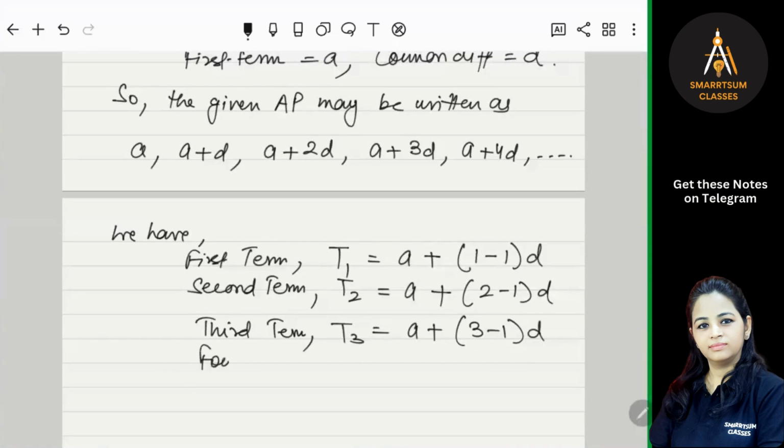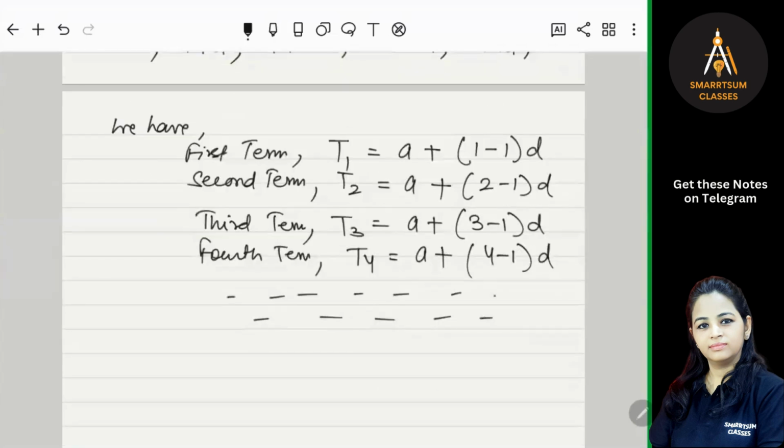Similarly, the fourth term, T4, is A plus 3D, so we can write it as A plus 4 minus 1 into D. And similarly, we can do this for the other terms. That means, what will be the rule for the nth term, Tn? Look here: if we are finding the fourth term, we put 4 minus 1, as the value of n is 4.